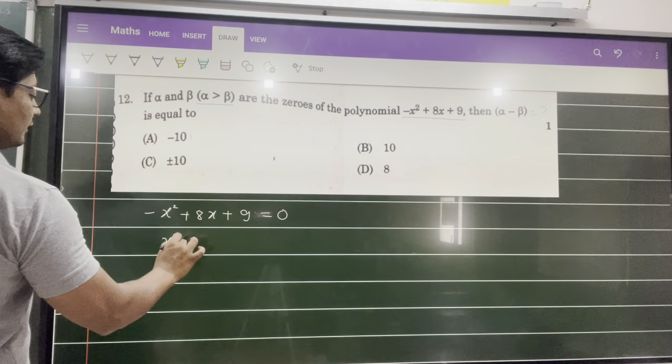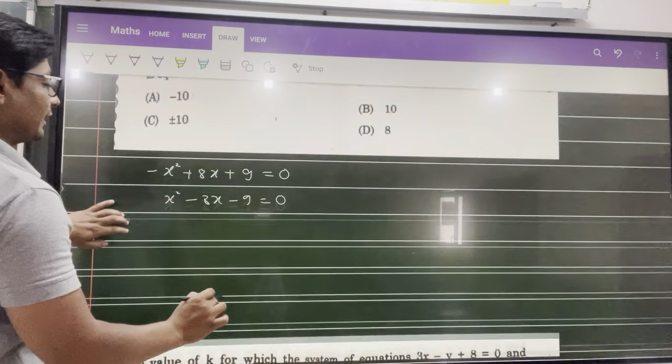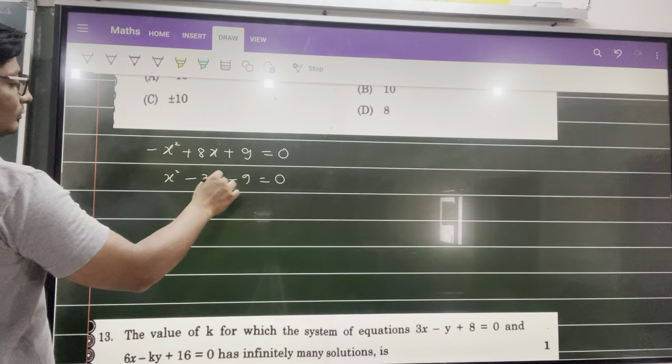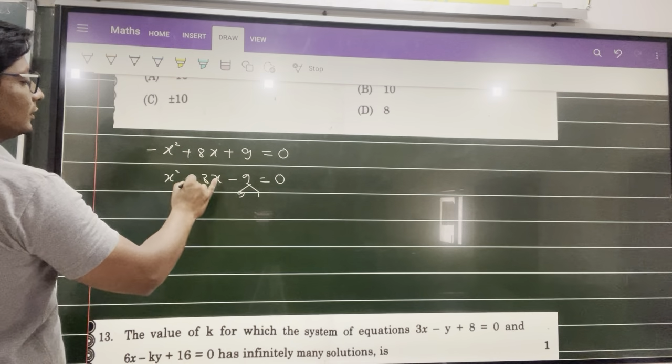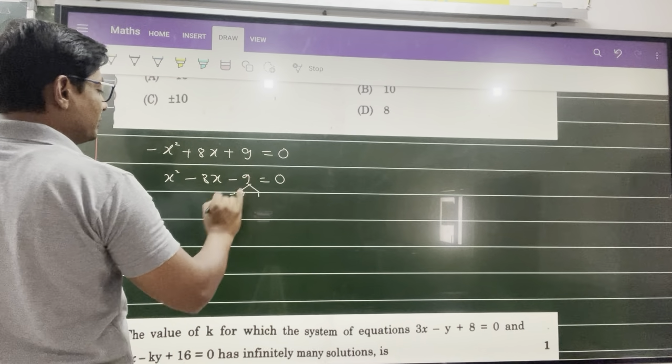So I'll change the sign. It will be x square minus 8x minus 9 equal to 0. Factorizing this 9, we get two factors, 9 and 1. This has to be minus the larger number, so this will be plus 1.